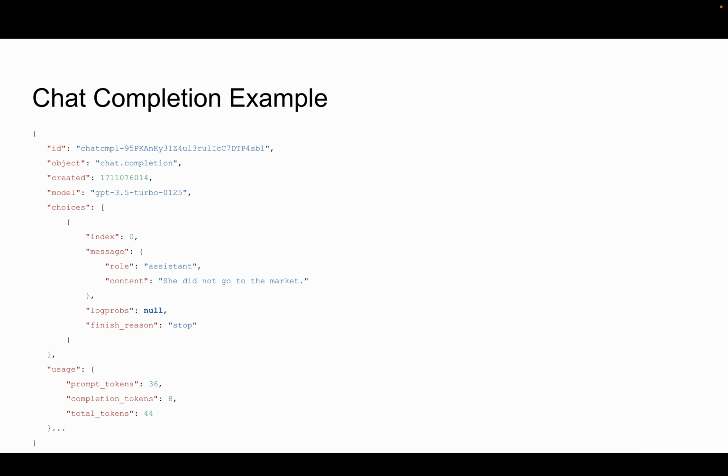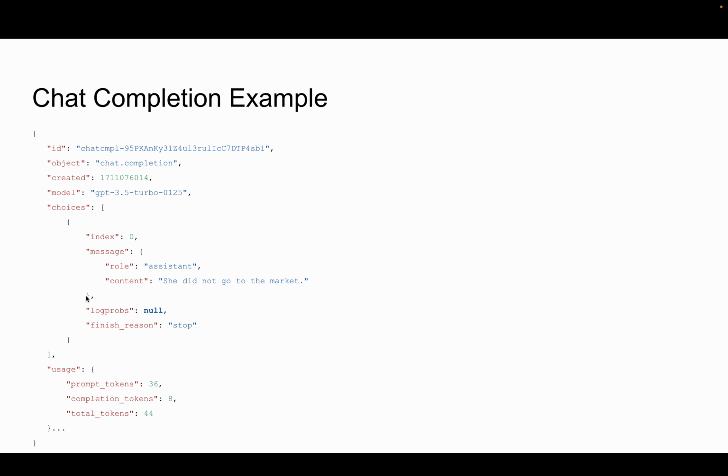Here is the response. For the response, there are many fields. The object is called chat.completion, and here is the created timestamp, and also the model name that ChatGPT is using, and the choices. This is the stuff we need to care about.